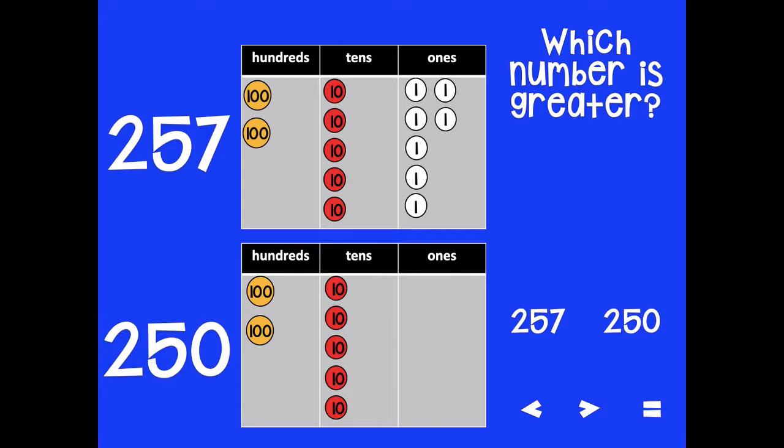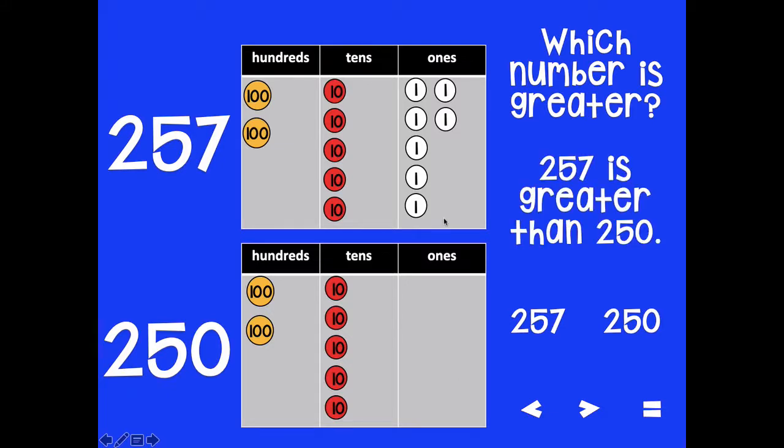If I look at the tens in 257, there's 5 tens. Oh, and there's 5 tens in 250. So that means I have to go all the way to the ones place to compare these numbers. I'm looking at the 257 up here. There's 7 ones. And then down here, there's no ones. Oh, so that tells me, friends, that 257 is greater than 250. And this is the correct symbol that you would use to compare these numbers.